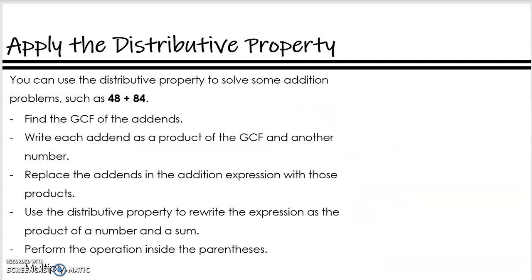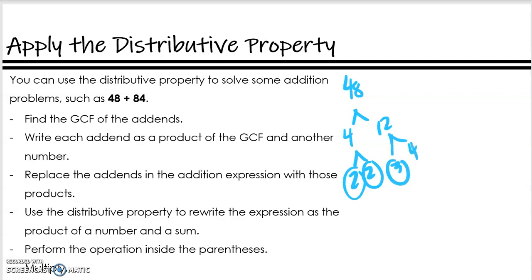You can also use it to help you solve addition problems like 48 plus 84. You can find the GCF of the two addends. So I'm going to do that quickly. 48, 4 and 12 is what I thought of. 2 and 2, there's my prime numbers there. And then 3 and 4, 4, 2 and 2.